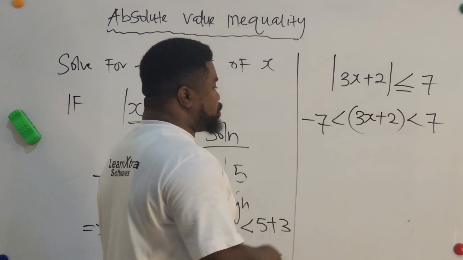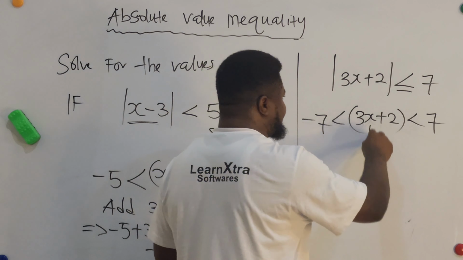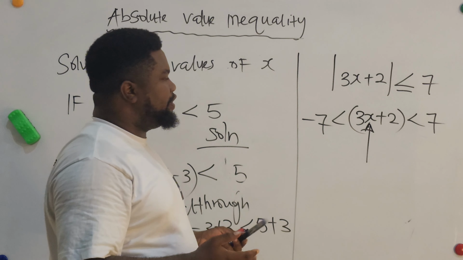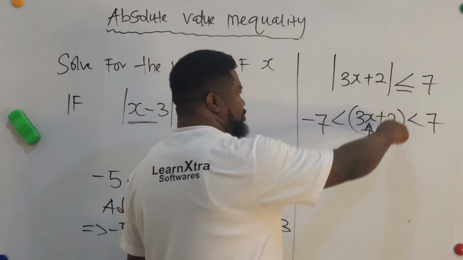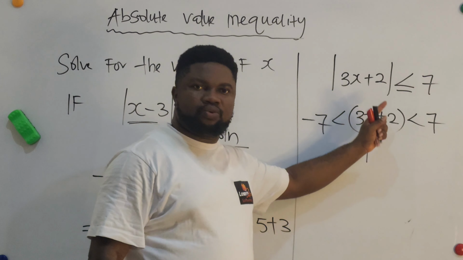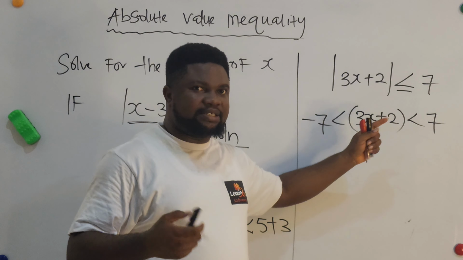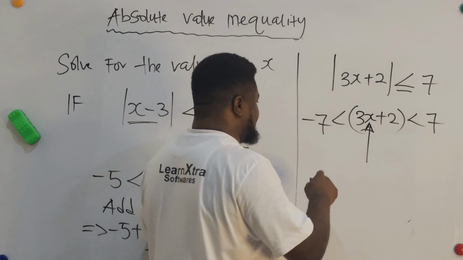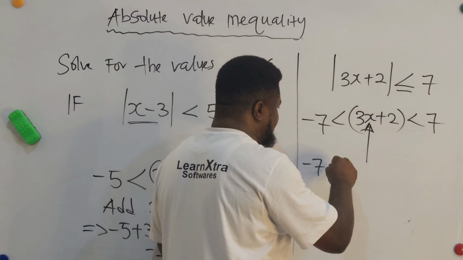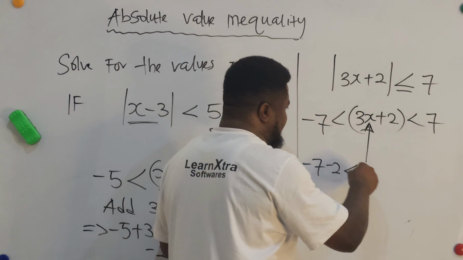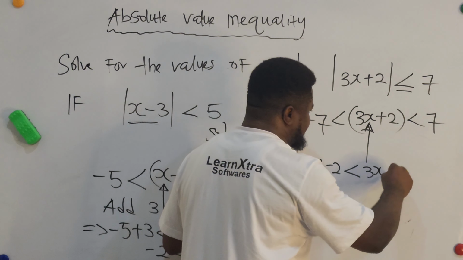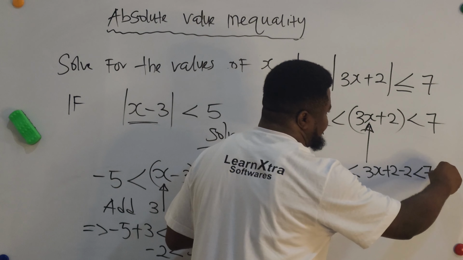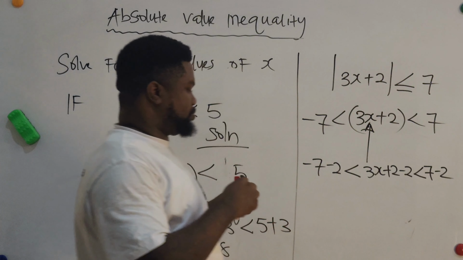Now, having done this, I know you'll be confused on how to make x stay alone. It's simple. First, you have to remove this 2 from here. How do you remove 2? You subtract. So subtract 2 all through. That will be minus 7 minus 2 is less than 3x plus 2 minus 2 is less than 7 minus 2.